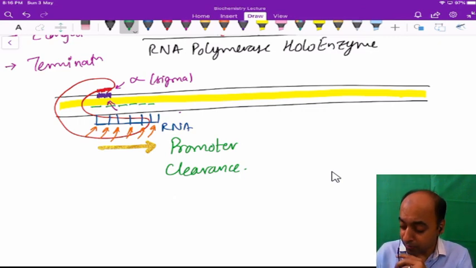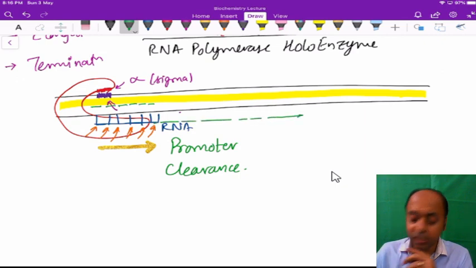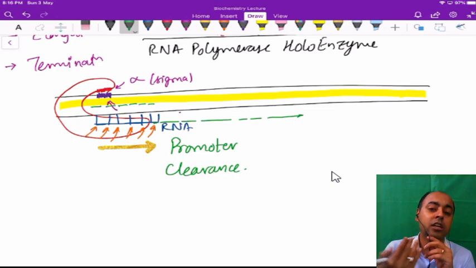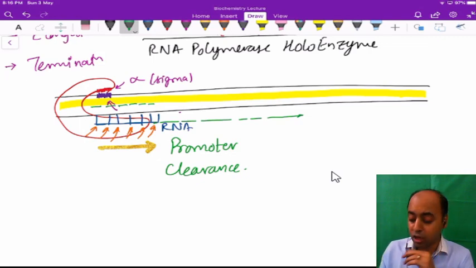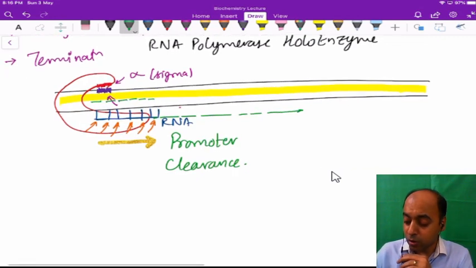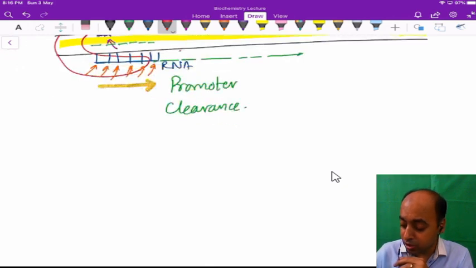Elongation is very simple. The RNA polymerase will keep moving forwards, and it will keep synthesizing the RNA by attaching the complementary bases to the sequence in the DNA. In this manner, our RNA will keep increasing in length. So nothing special about the elongation phase. What we will talk about is the termination.